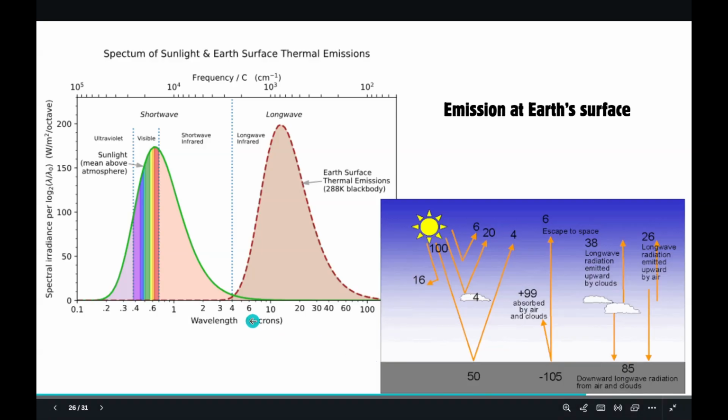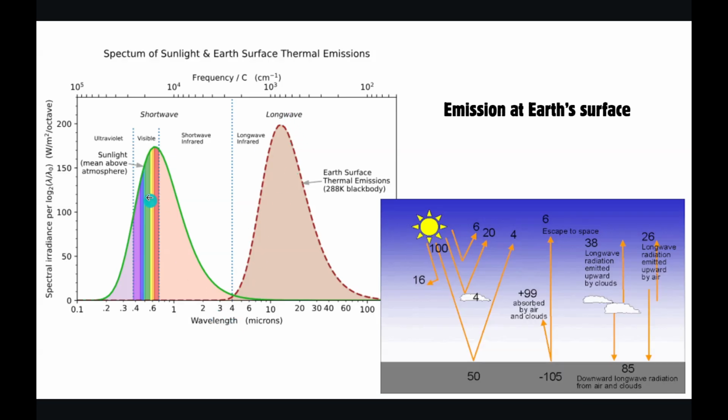So here you see these two graphs you're talking about, the long wave and the incoming radiation, the green curve and this dotted brown curve.